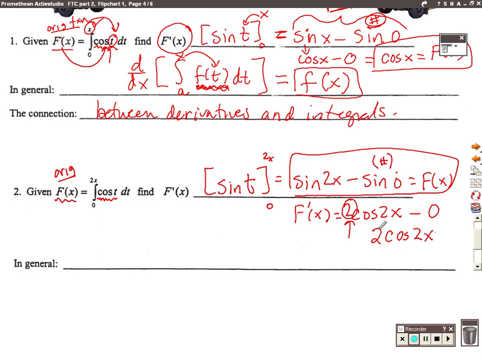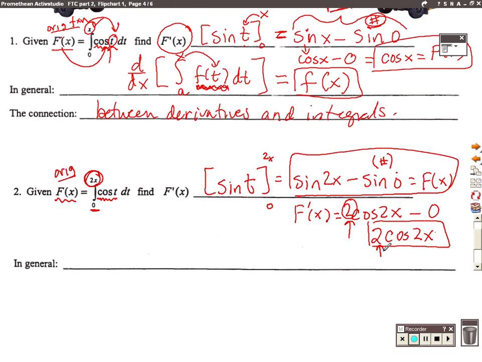So notice the dummy variable of t was eliminated. I replaced that dummy variable of t with the upper function of 2x because this is just a constant. But then when this function is anything other than x, I have to use the chain rule and multiply by the derivative of the inside because it's a composition function.